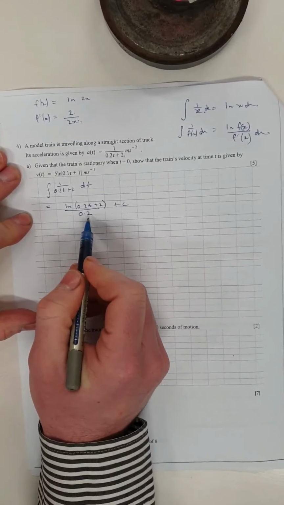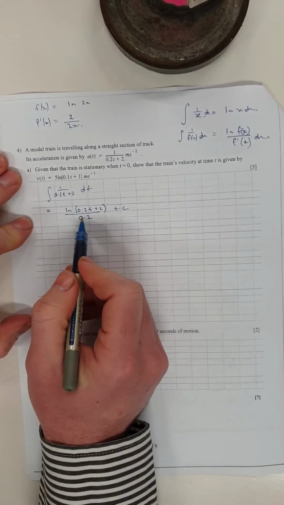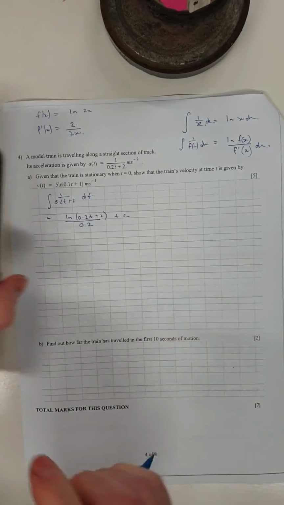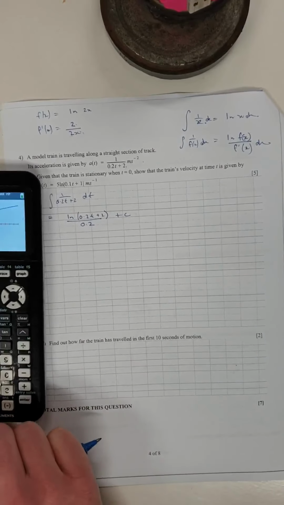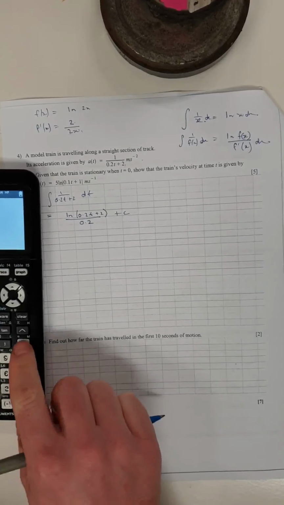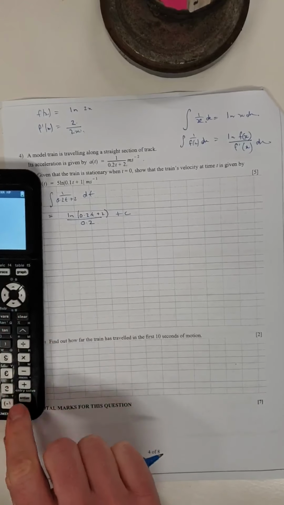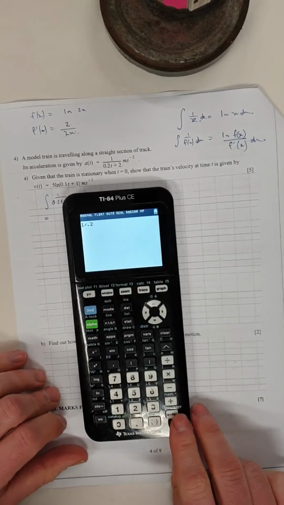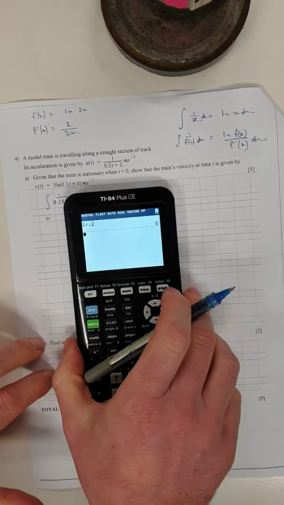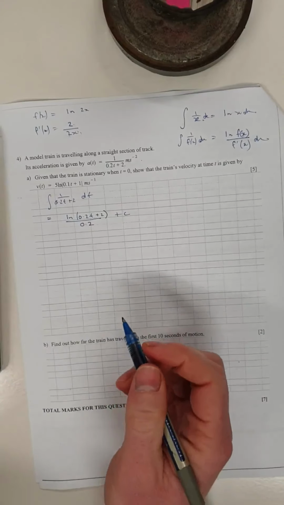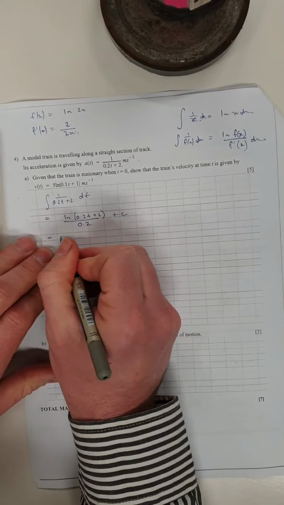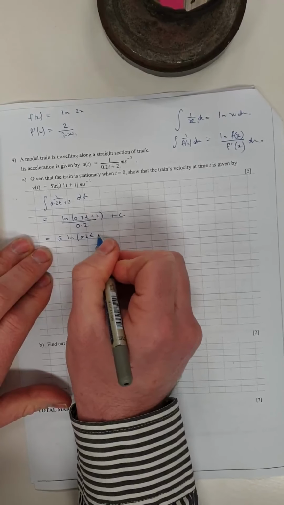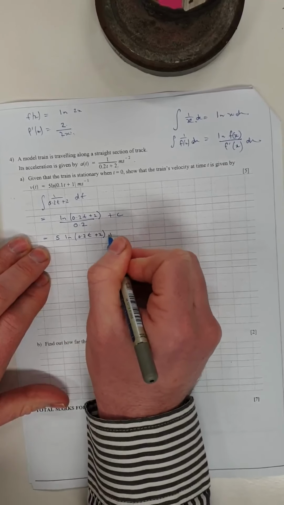Now dividing by 0.2 is the same as multiplying by 5. Okay, look, I can check that. So 1 divided by 0.2 is 5, yeah? Because it's dividing by 20%. So this is the same as 5 ln 0.2t plus 2 plus c.